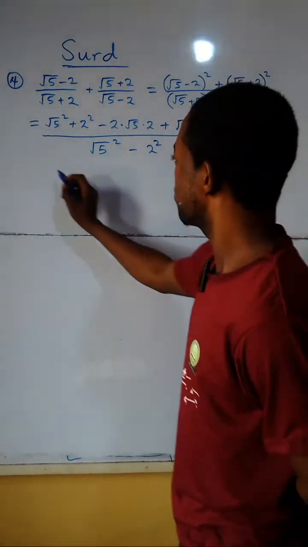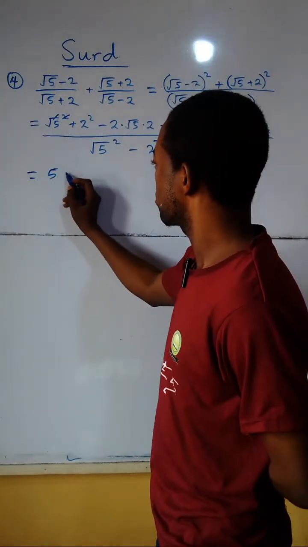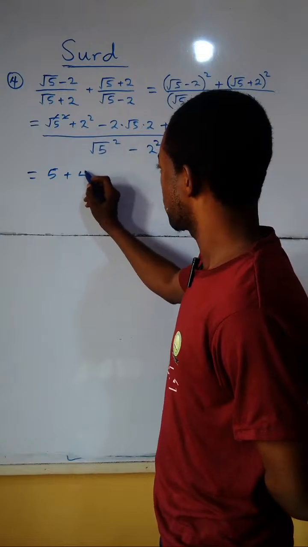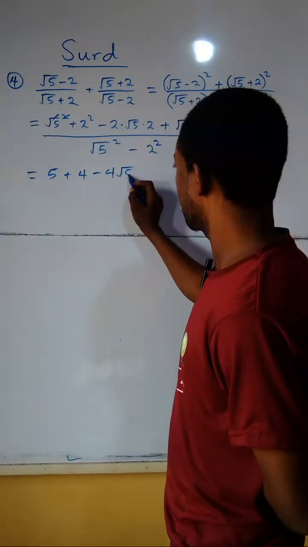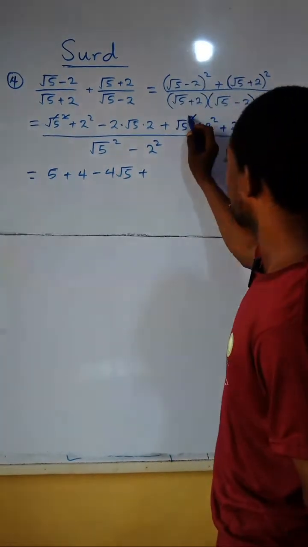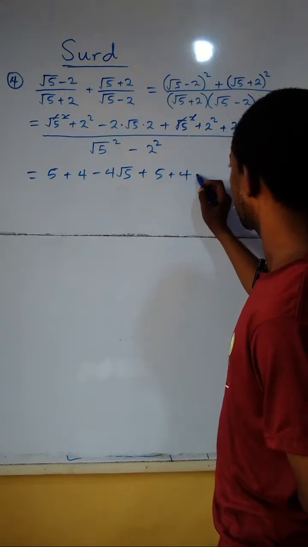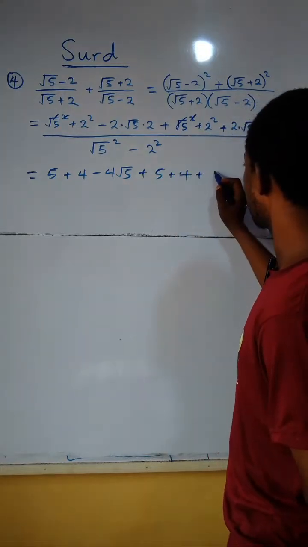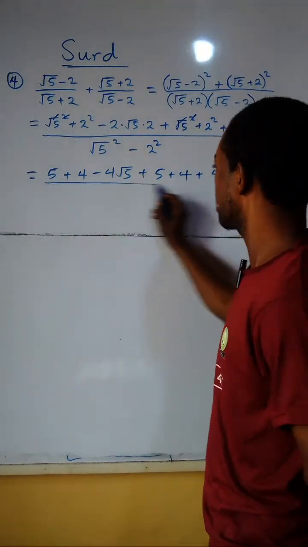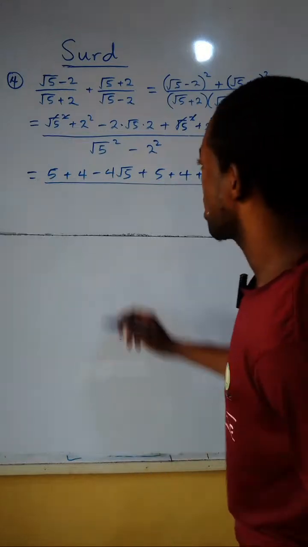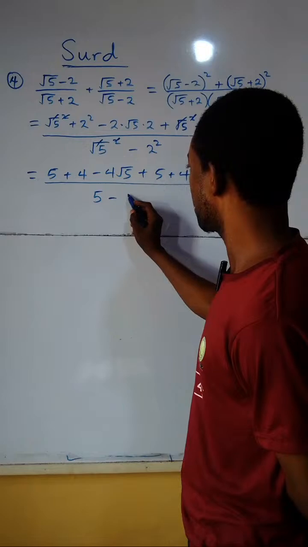Then, simplifying further, square cancels square root, so we have 5 plus 2 squared, that's 4, then minus 2 times 2, that's 4 root 5. Then plus, also here, square cancels square root, that's 5. Then plus 4, plus 2 times 2 times root 5, that's 4 root 5, which is divided by, here, square also cancels square root. We have 5, then minus 2 squared, that's 4.